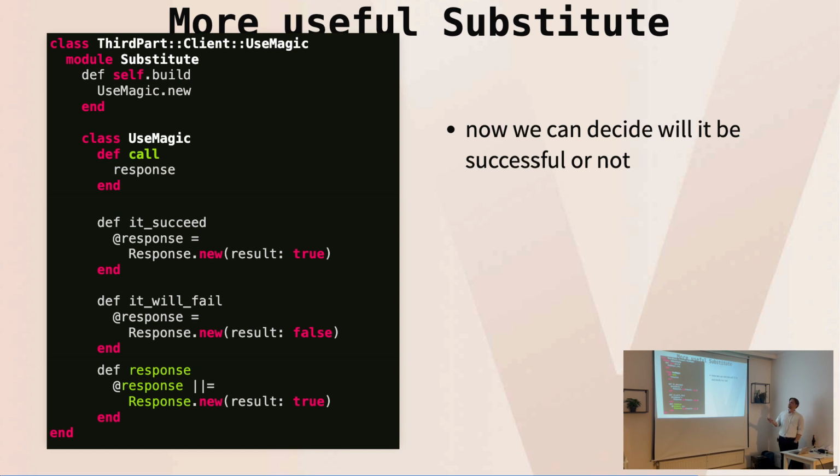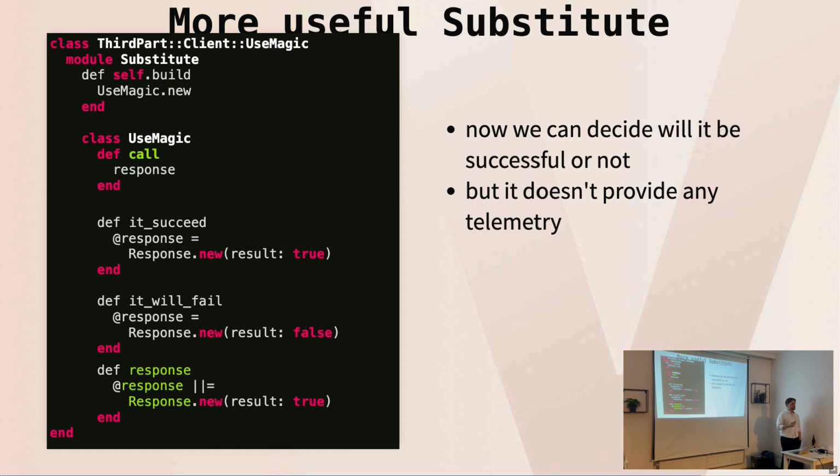If we want to receive a successful response, then we could call succeed, which assigns to an instance variable inside the substitute the value which afterwards will be returned with call. And the same is for fail. So we now have the ability to decide whether the next call will be successful or not.